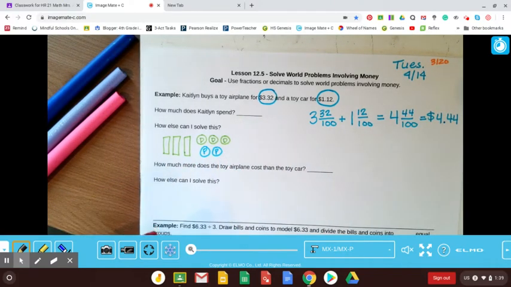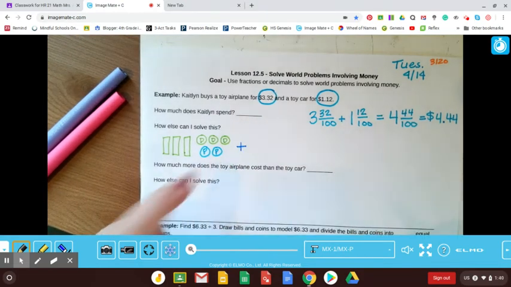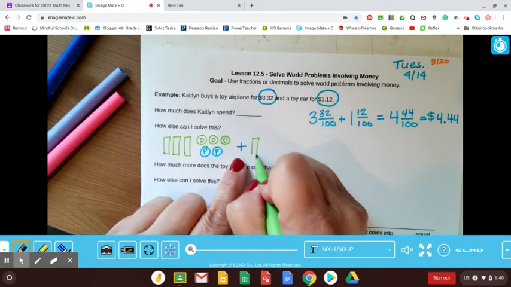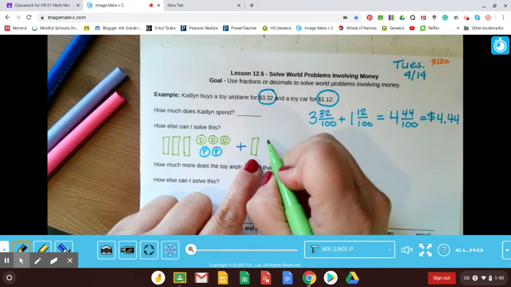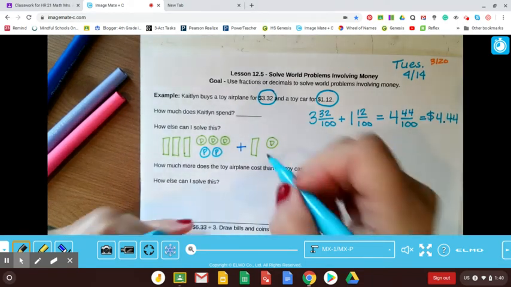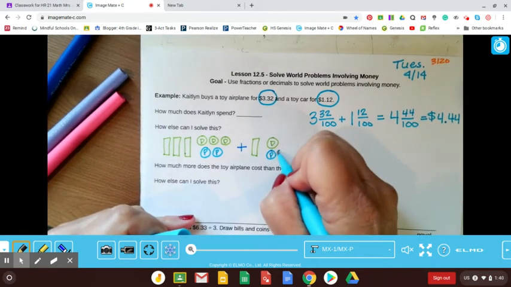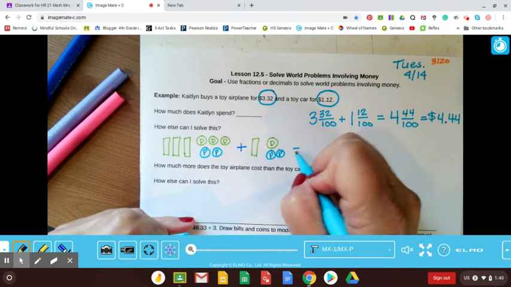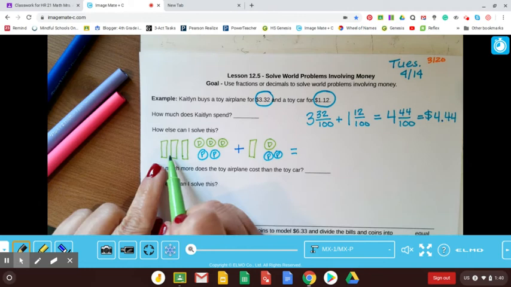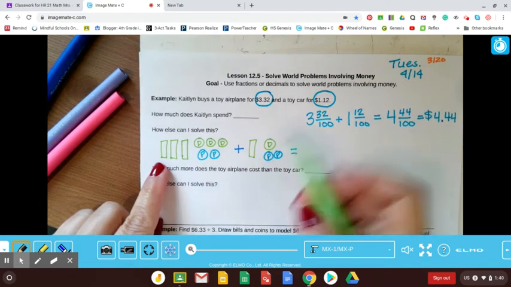So I have $3.32. And I'm going to be adding this amount to $1.12. So $1.12 would be 1 dime and 2 pennies. And if I was going to add that all up, I'm going to count my dollars first. So I have 1, 2, 3, 4.